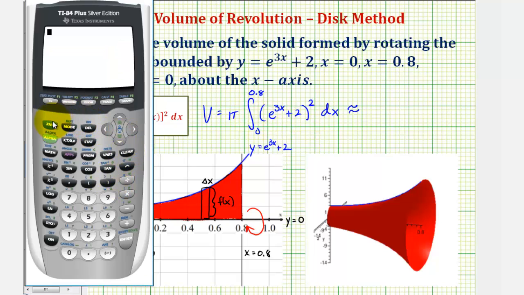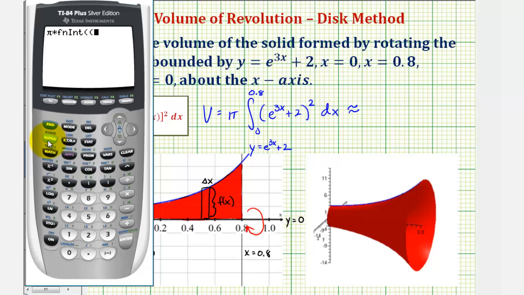So we'll first enter pi, and then times this definite integral. So we'll press math, arrow down to option 9, which is function integration. Press enter, and now we'll enter the integrand, which is e to the power of 3x plus 2 squared.